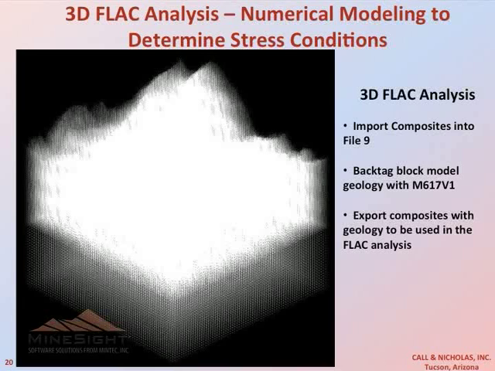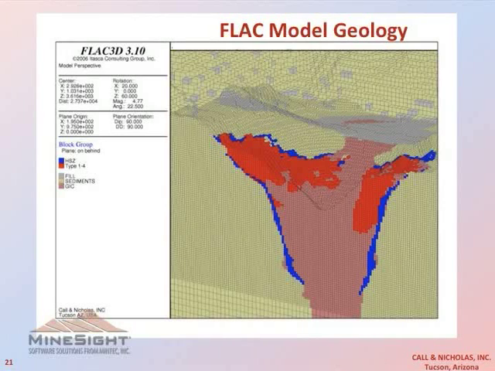But once we have it in MineSight as composites, we can then back tag the block model geology or geotechnical rock type or RQD, whatever elements we want to model in the 3D FLAC analysis. Back tag those to the composites, and then export those composites for use in the backloading into the FLAC model.